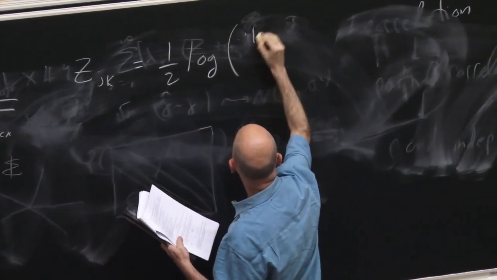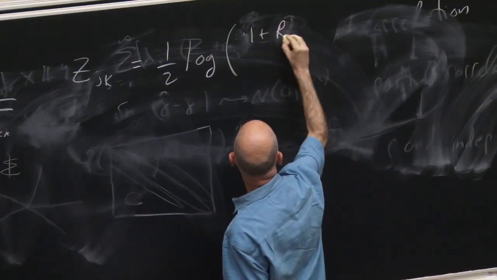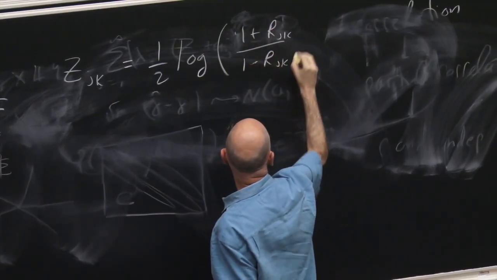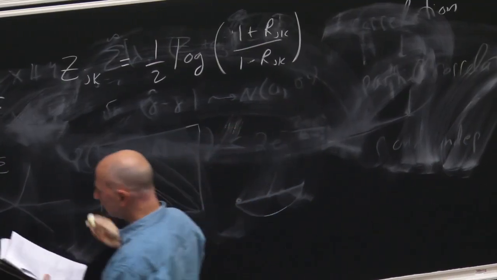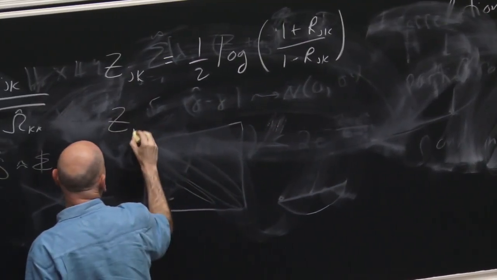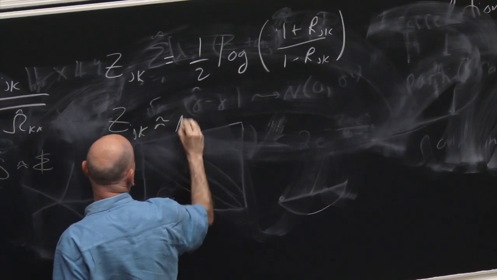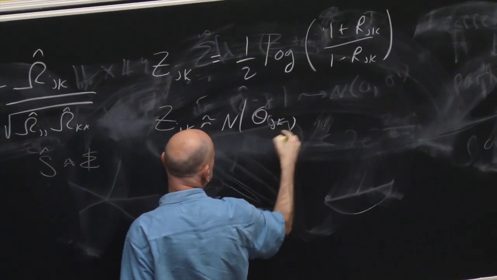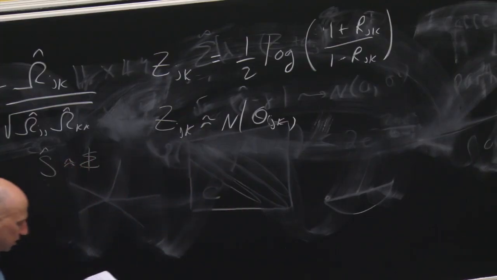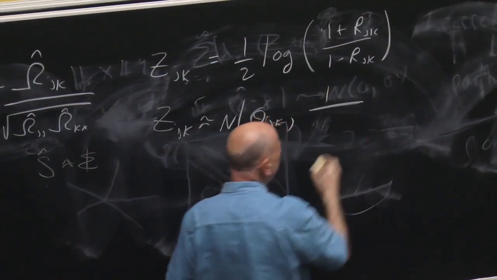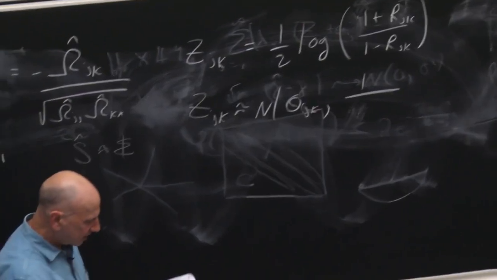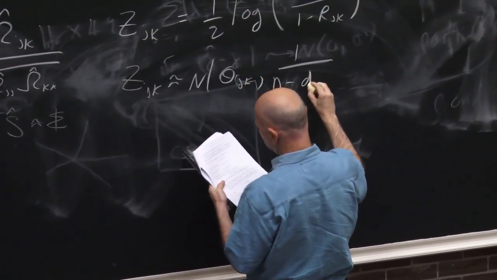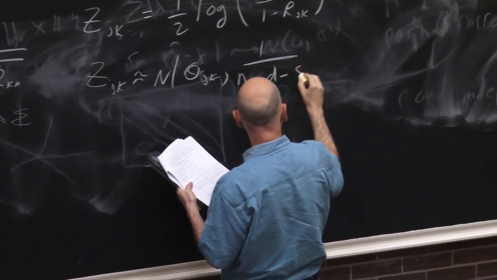If I just do the same transformation on the partial correlations, then this is approximately normal with some mean, which corresponds to the Fisher transformation of the partial correlation. But the variance, remember, I had was 1 over n minus 3. Now it's n minus, it's actually d minus 5.